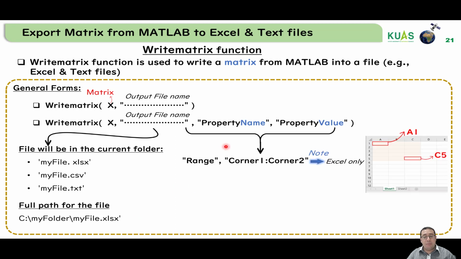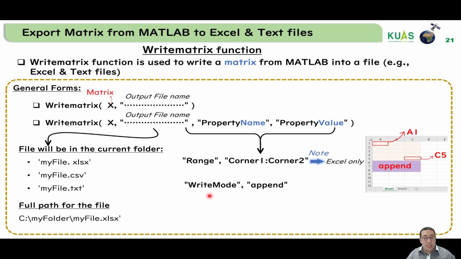Regarding the property name and property value, for example, if we need to specify the range where to keep this matrix, this is only applicable for an Excel file, and we can write Range and then specify corner 1 to corner 2, for example, from A1 to C5.